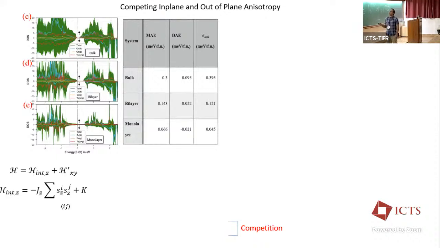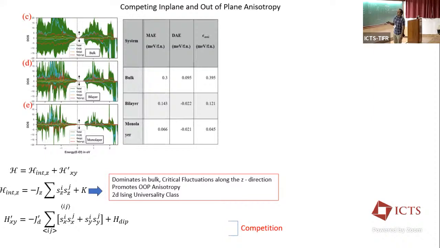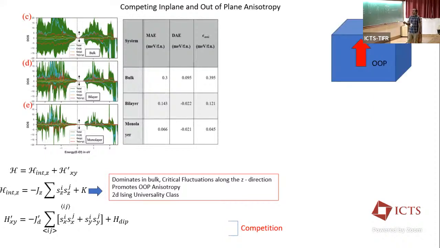So the basic idea that we had is that, of course, in the bulk system, it's all out-of-plane anisotropy. It dominates over any in-plane anisotropy component present in the system.